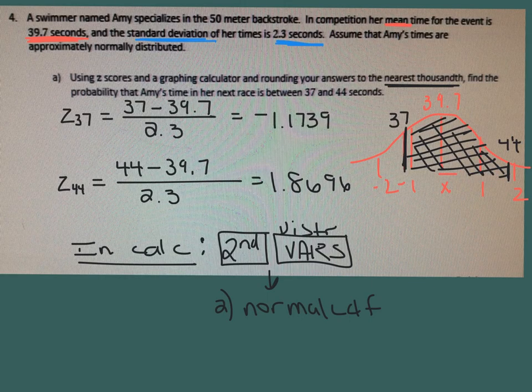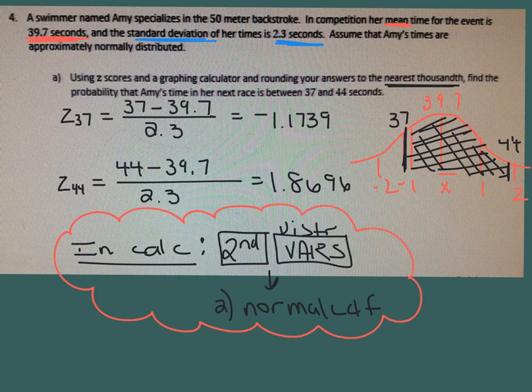Okay, so just to finish showing this work on your paper, this is all I want you to write out. What I'm putting in this red little cloud, you don't have to show. That's just for your notes. But what I do want you to write is: when we went to normal CDF in the calculator, you open a parenthesis, this was my lower bound, comma, this was my upper bound.